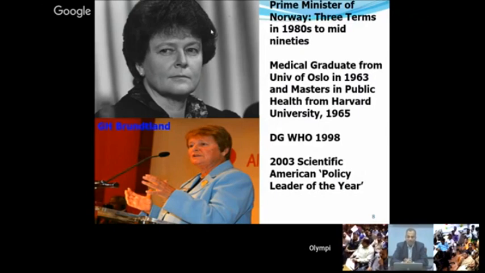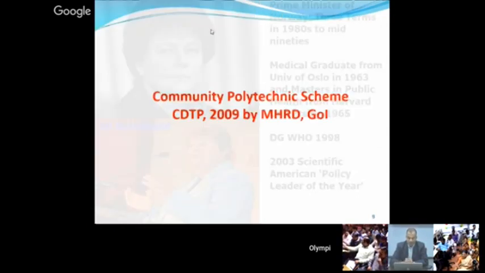Later on, she did a Masters in Public Health from Harvard University, and she became Director General of the World Health Organization in 1998. So she contributed a lot in formulating the sustainable development strategies or the report, and later on she worked at various stages and she received many prizes for working on environmental issues.